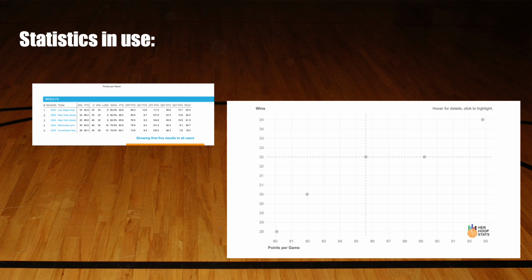This is then translated onto the graph where we see they had 34 wins right here, followed by 92.8 points per game. Second, the New York Liberty had 32 wins and 89.2. It is important to see that that box score that we talked about earlier can be used and translated into a variety of graphs.